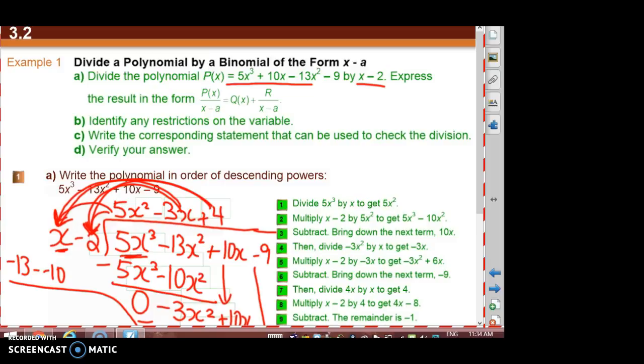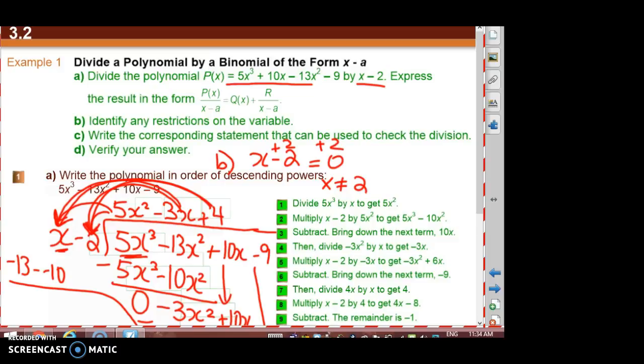Okay, so looking at B for this example, it says identify any restrictions on the variable. So we were dividing by x minus 2. So what would be the restrictions for this? What can't x equal? 2, right? Because we don't want a 0 at the bottom. So if we add 2 over, we would say x cannot equal 2 for our restriction.